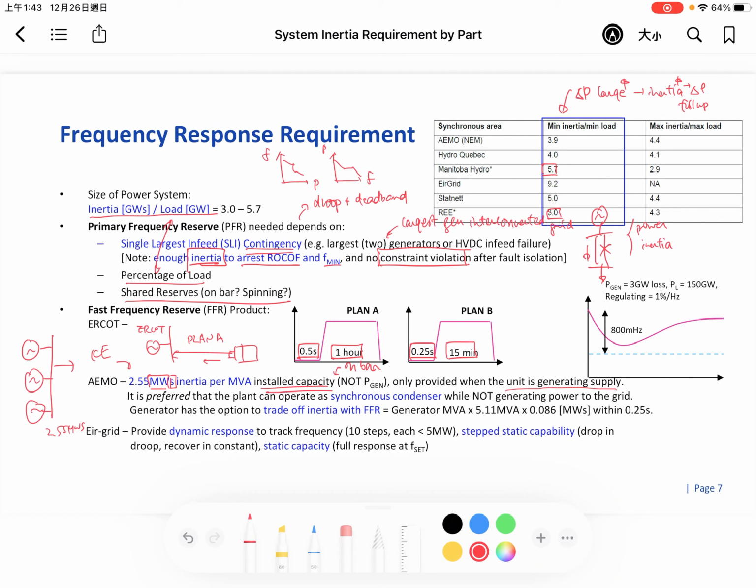The last one is that if you have got a generator, look, it is not about a synchronous generator, it is a generator, which means that you can have a PV or wind or thermal, which is a synchronous generator.